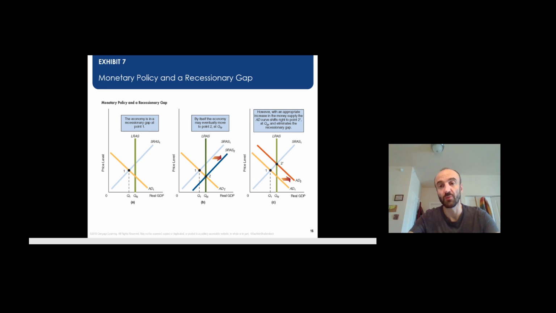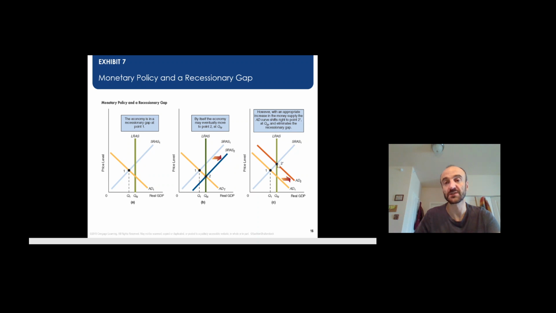And you have the equilibrium point 2 here, but notice what is the difference between image 2 and image 3. The difference is, first, what is the same here? The same is the real GDP, the quantity of goods and services that is being produced. What is different is the price level here.